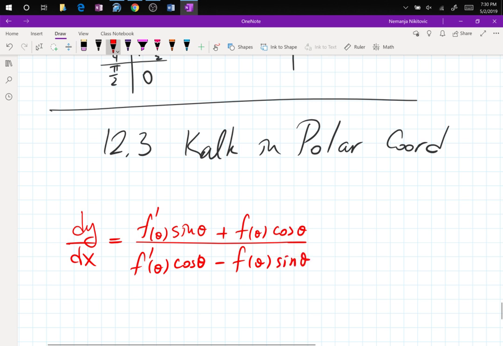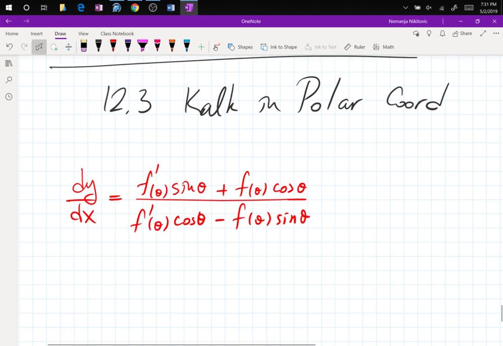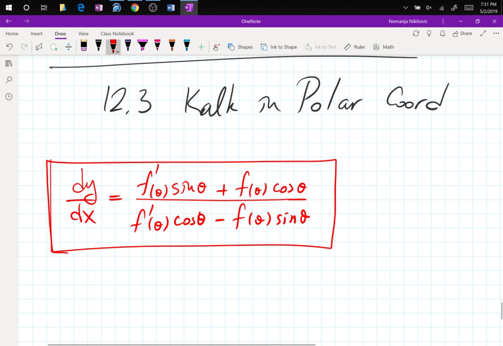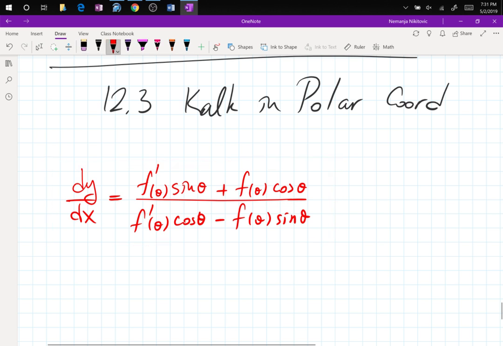Why is this derivative so insane? Because I'm trying to find dy dx, the rectangular derivative, off of the polar functions. Of course it's going to be disgusting. It has to. So this is the way to find the derivative for tangent lines using polar coordinates.